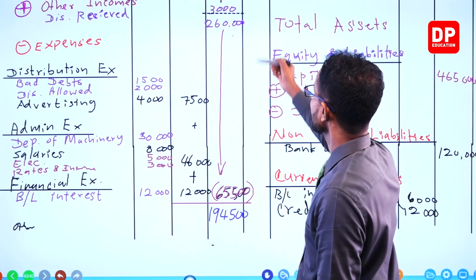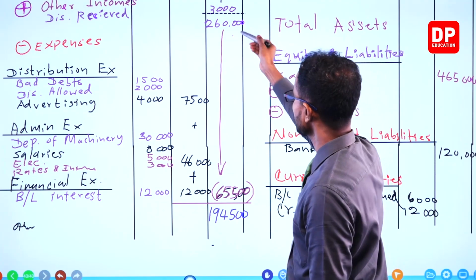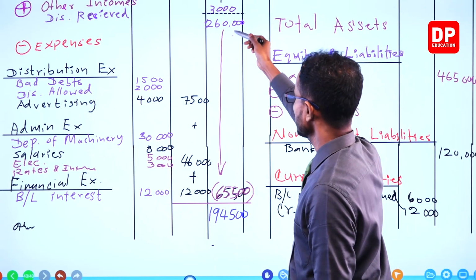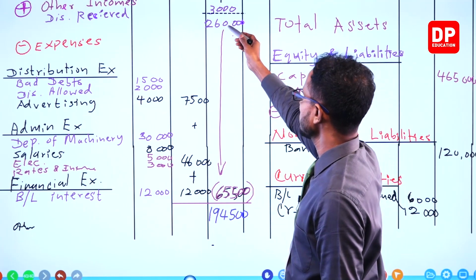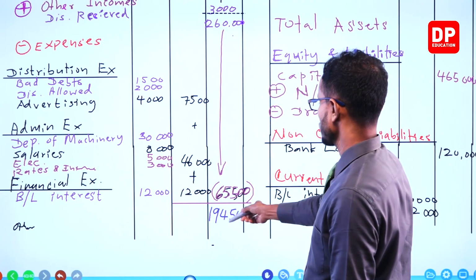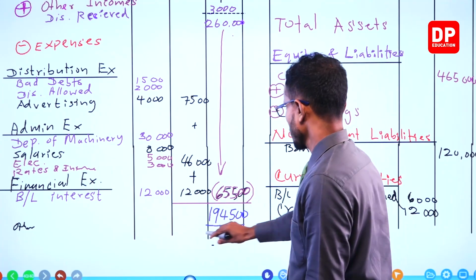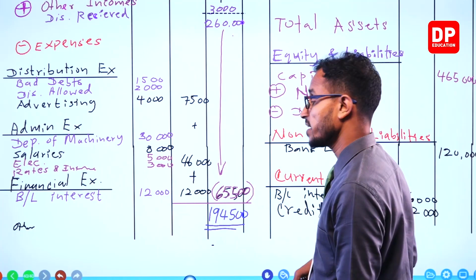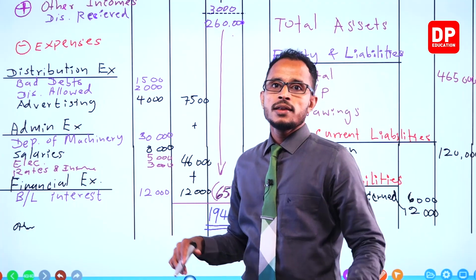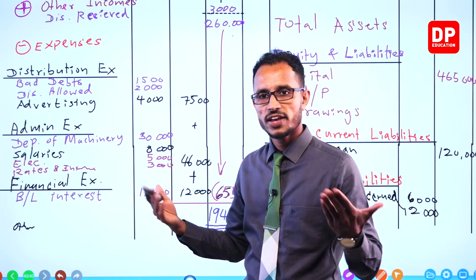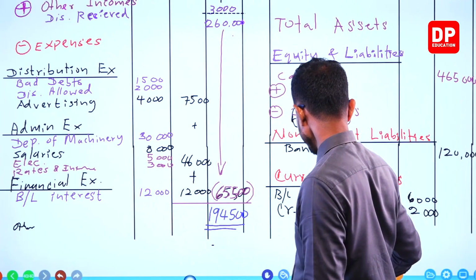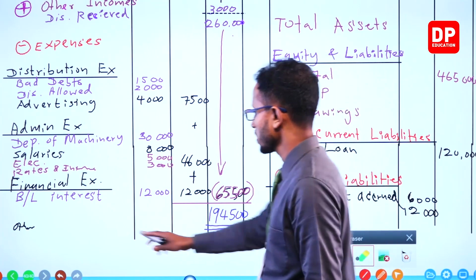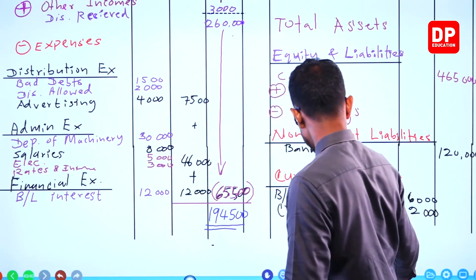Is it correct? 0, 0, 0, 0, 0. 10 minus 5, 5. Then 4. 194,500. That is your net profit.